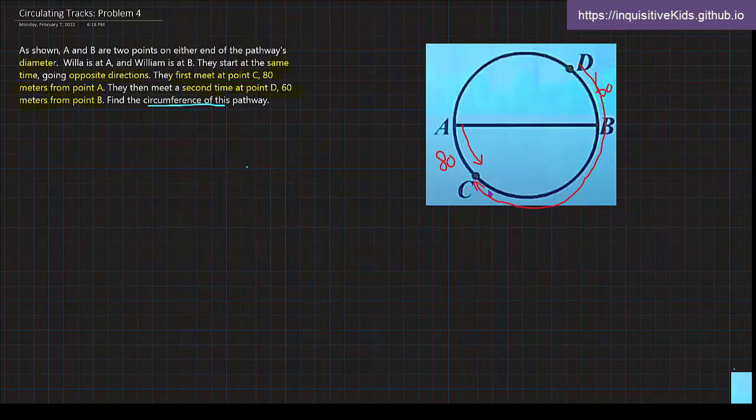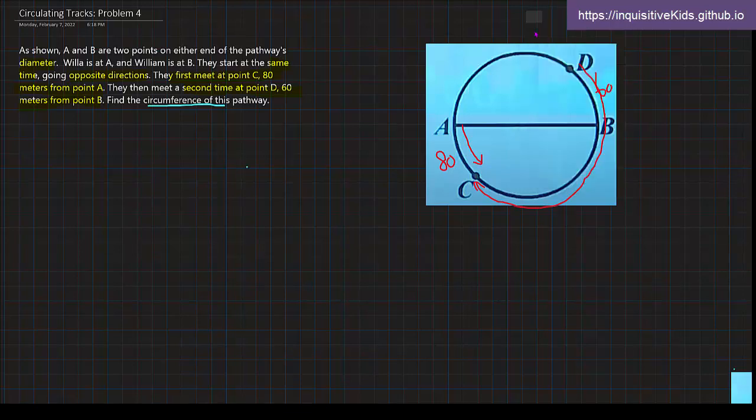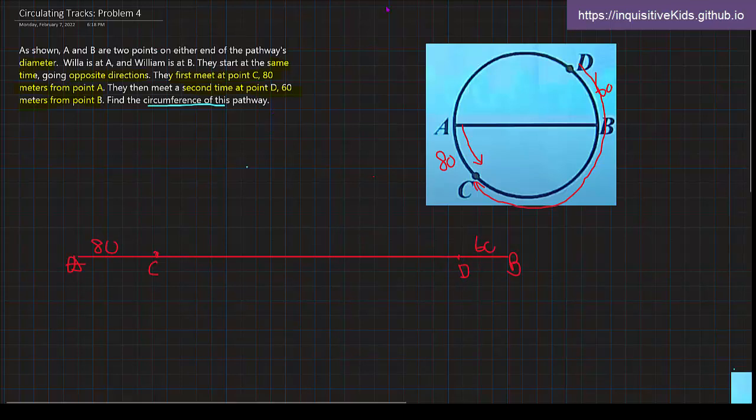If drawing it like this is hard for you, I always recommend laying it down on a flat surface. I can always transform this curve into a straight line. So this is A, this is B. They first meet at point C, which is 80 meters away from A, and point D, which is 60 meters away from B.